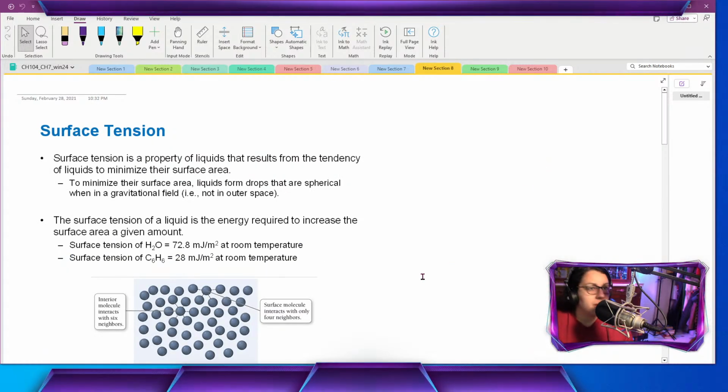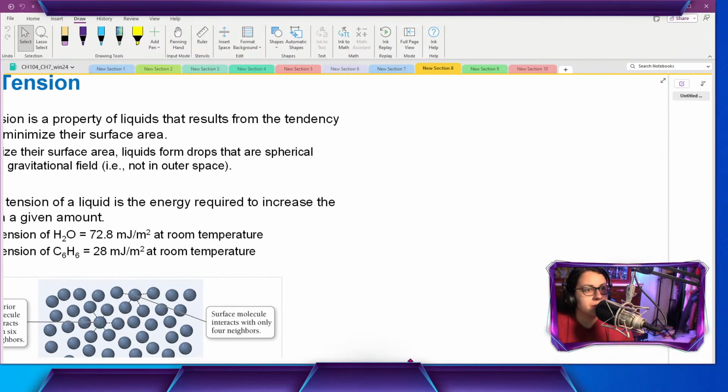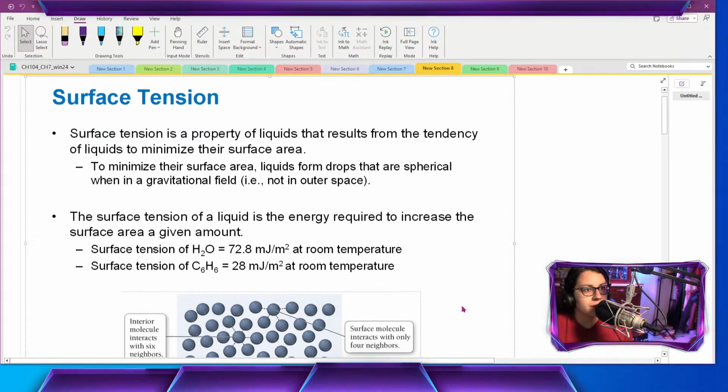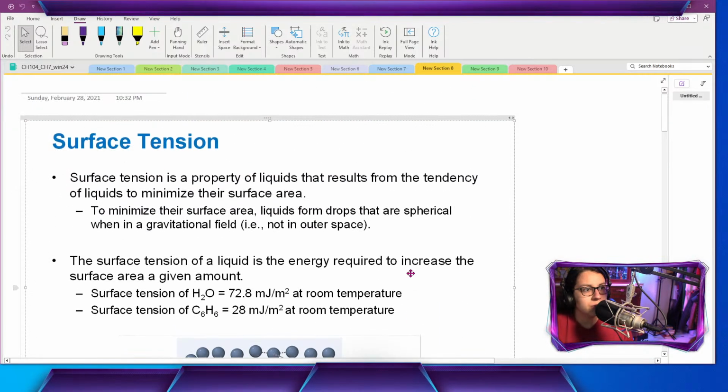All right, so other related properties are surface tension. Basically, the greater the intermolecular forces, the greater the surface tension. There's a couple of things that you could do to show this.